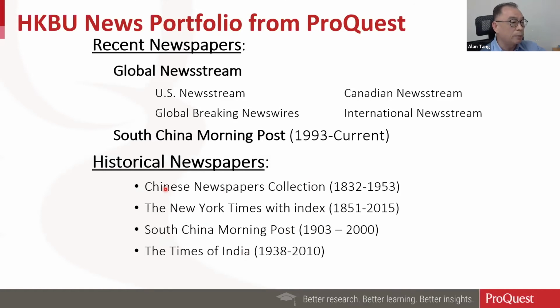Except the Chinese newspaper collection, which is fixed from 1832 to 1953, for these 3, the New York Times with Index, the South China Morning Post, and the Times of India, the coverage grows. For example, the New York Times with Index is from 1851 to 2015, but it will add new content every year, so next year the coverage will be up to 2016.